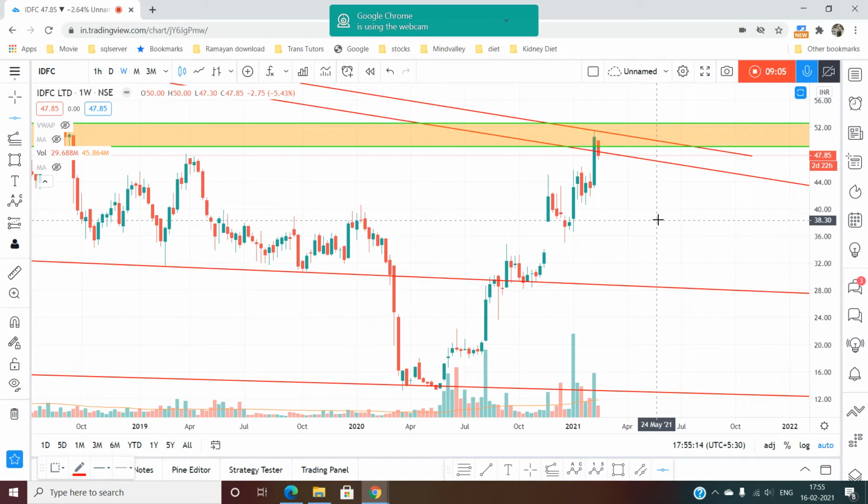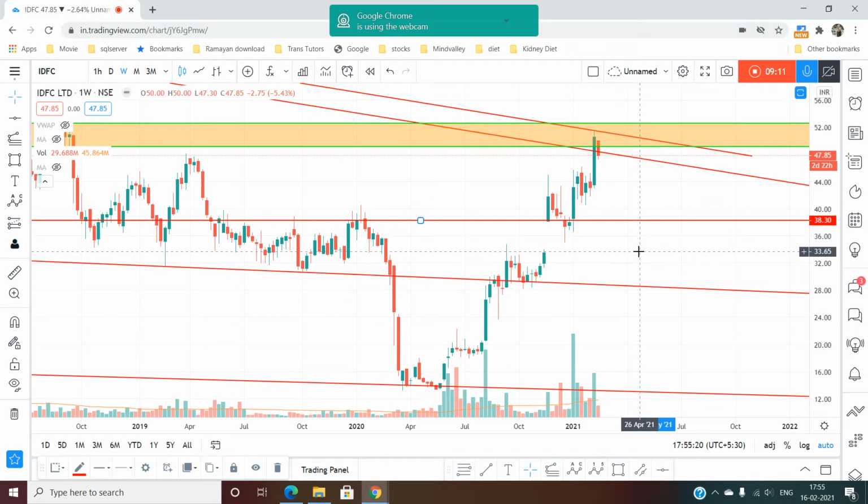The downward limit will definitely be 38.3. If it goes below 38.3, then the whole structure goes bad, and that is not a good sign for this particular stock. 38.3 is the first key level, and if it goes below 28.75, it's again a problem for this stock.